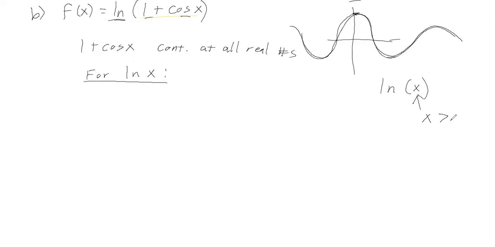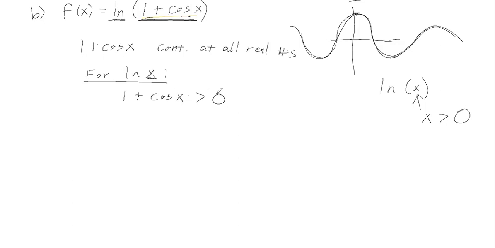It has to be greater than 0. So what I have to make sure here is that my argument is greater than 0. Now, what was my argument here? 1 plus cosine of x. I need to make sure all that is greater than 0.